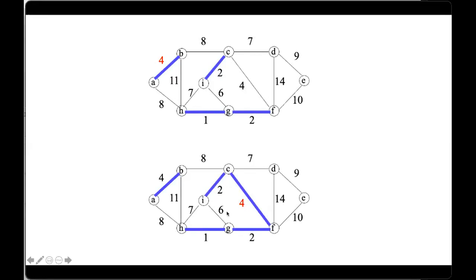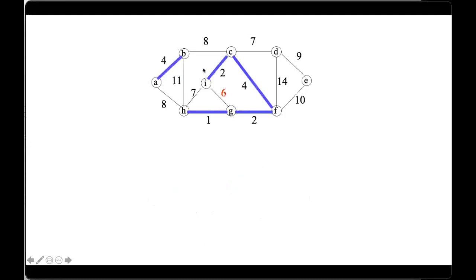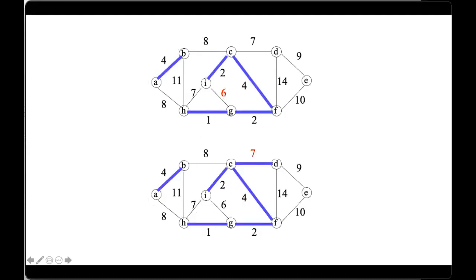Next minimum cost edge is 6, that is I to G. But if I select this edge, it will create a cycle here, so I will not select this edge. We shall go to the next edge. Next is C to D, that is 7, or I to H, again 7. If I select I to H, it will again create a cycle, so I will select C to D. It was 6, but we will not select that edge since it will create a cycle. So we will select this C to D.